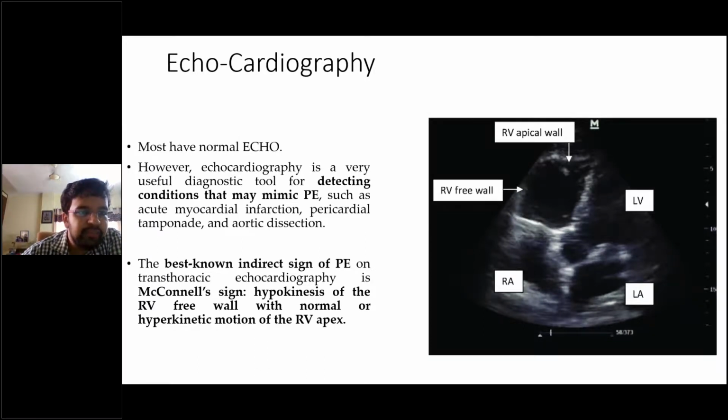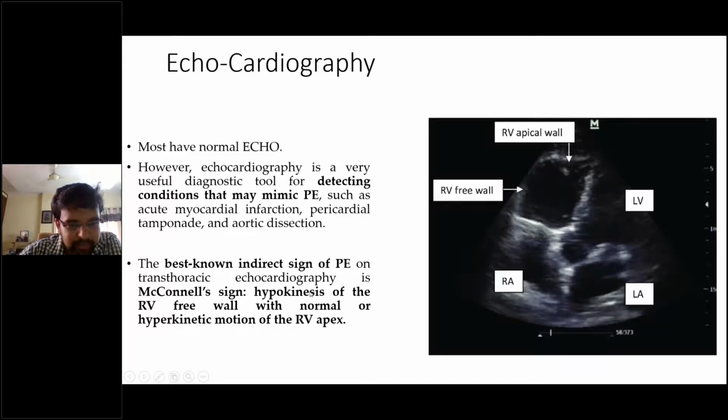Echocardiography, again, as I said, is mostly normal in a patient with pulmonary embolism. ठीक है. However, echo is a very useful diagnostic tool for detecting conditions that mimic pulmonary embolism, such as acute MI, pericardial tamponade, or aortic dissection. ठीक है. And yes, pulmonary embolism में भी finding होती है. The best known indirect sign of pulmonary embolism is something known as McConnell's sign. So what is McConnell's sign?